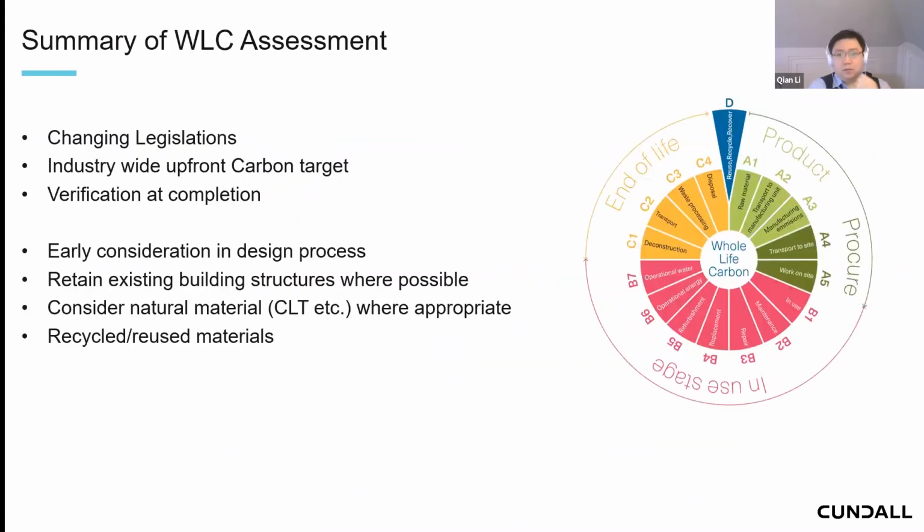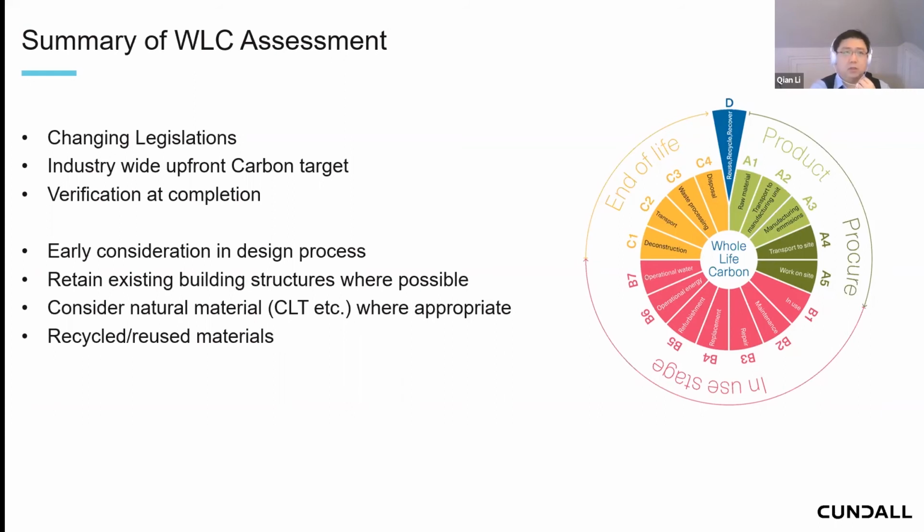So I think, just a brief summary of what we talked about earlier today: the legislation is changing. Everybody has declared a climate emergency, and part of the key message from that is people need to look at their buildings or products from a holistic point of view, or apply whole life cycle thinking, or apply circular economy thinking. Design is changing.